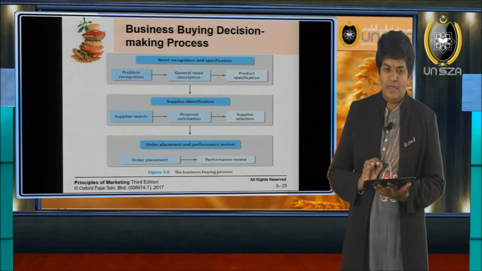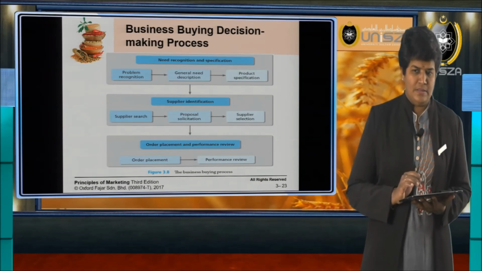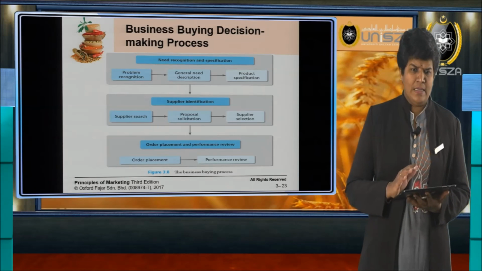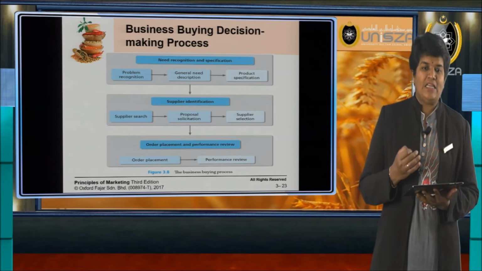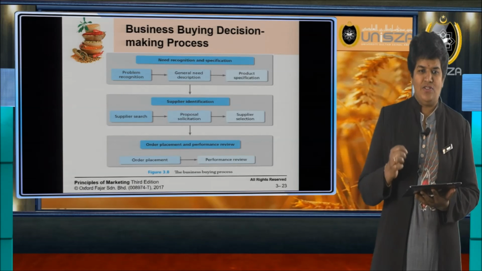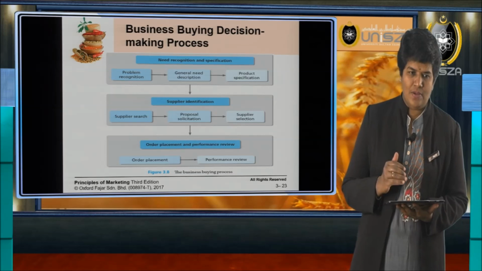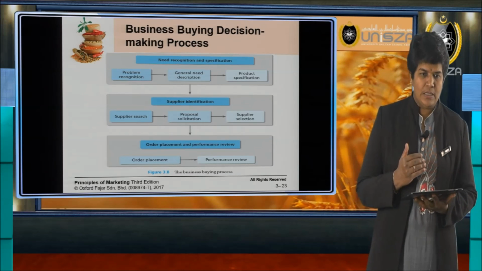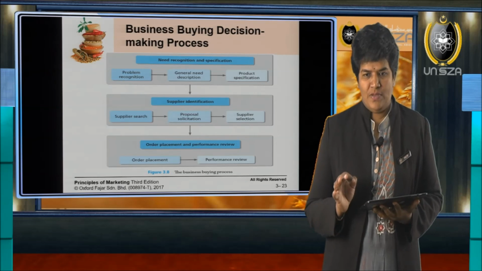Here we will explain the business buying process, which is similar to the consumer buying process. First, you need to have need recognition and specification. Under that category, we have problem recognition, general need description, and product specification.